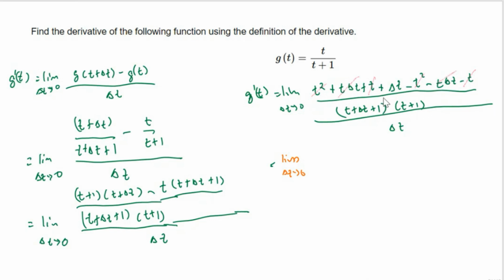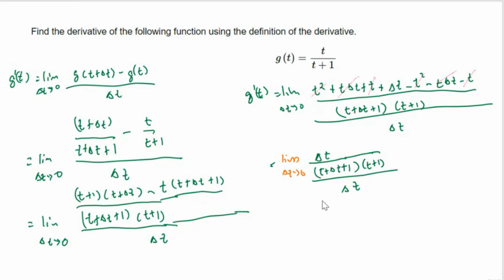So the remaining term there is just delta t. So we can write here now delta t over (t plus delta t plus 1) times (t plus 1), all over delta t.